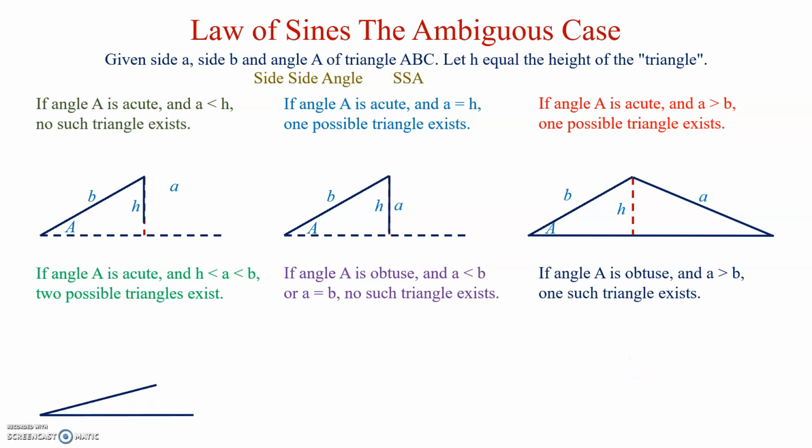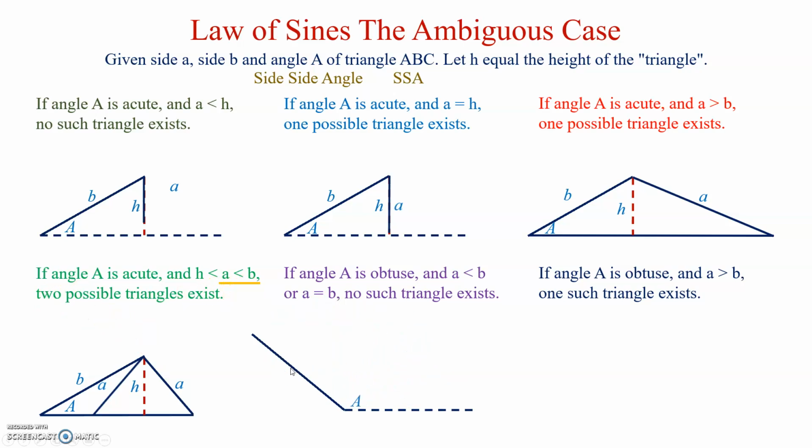Next, there's our acute angle and our height. Now we look at a. If a is shorter than b, but when I compare it to the height, it's longer than the height, it creates two possible triangles. So this is a very unique situation.